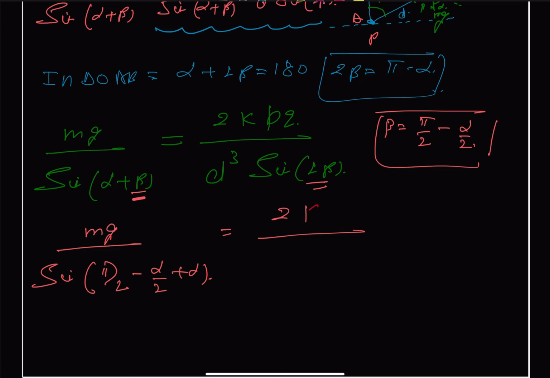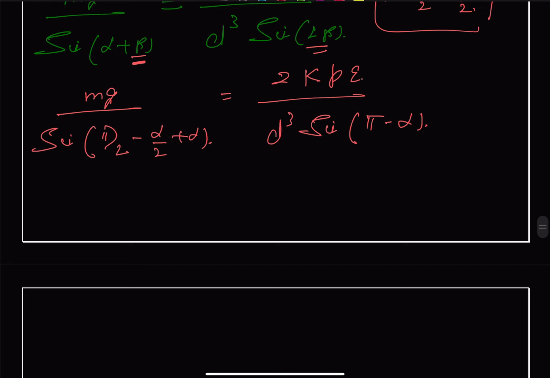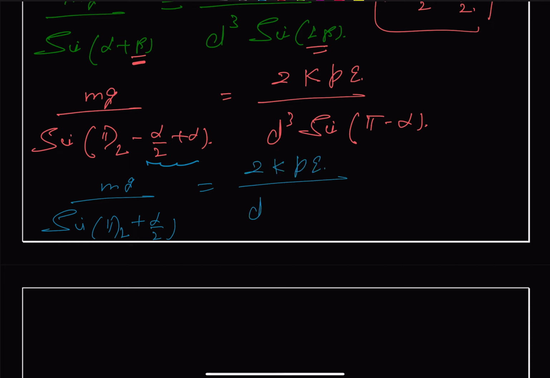So this comes as 2kpq by d cube, and this will be sine of pi minus alpha, and this portion will be coming as alpha by 2. So we get mg upon sine of pi by 2 plus alpha by 2 is equal to 2kpq by d cube sine of pi minus alpha.